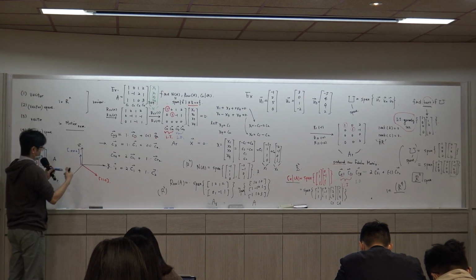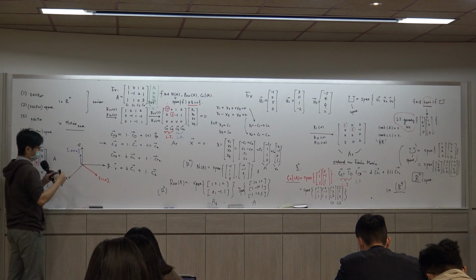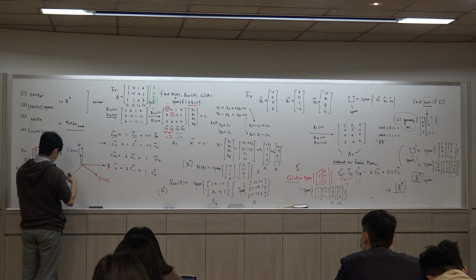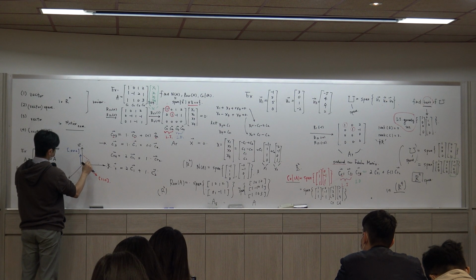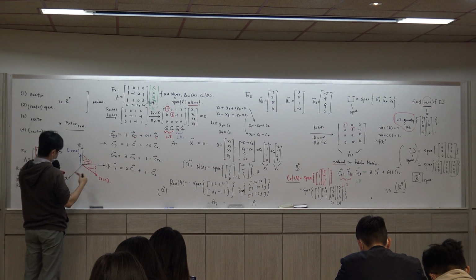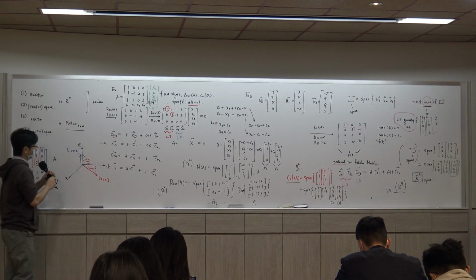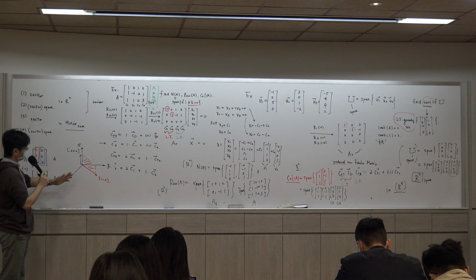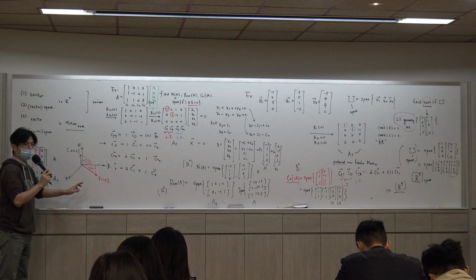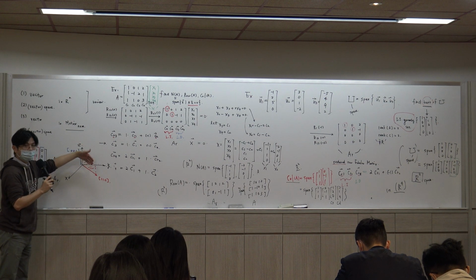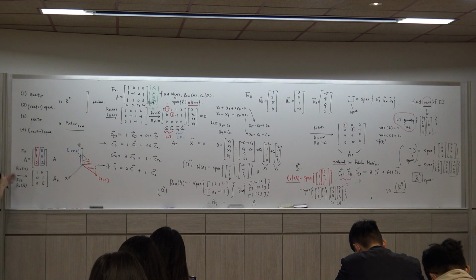So the two vectors will span the space. So the space spanned by the two vectors is in this plane, right? Okay.